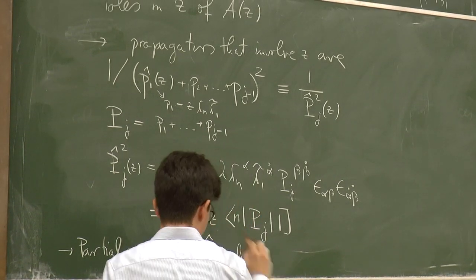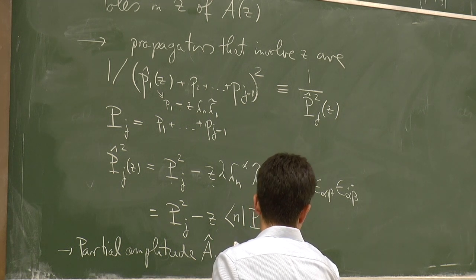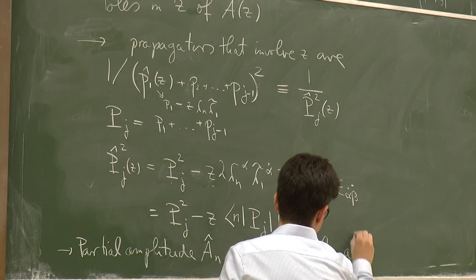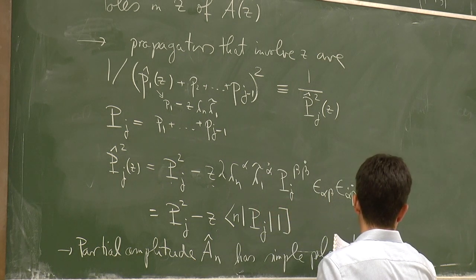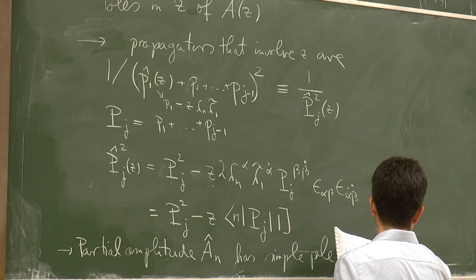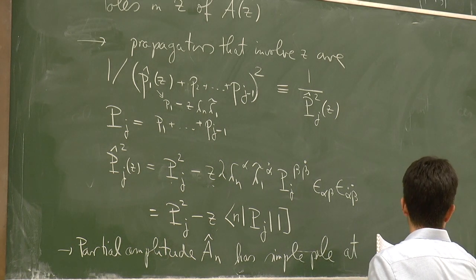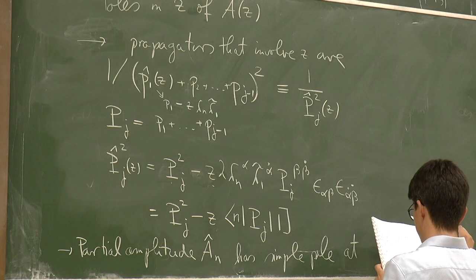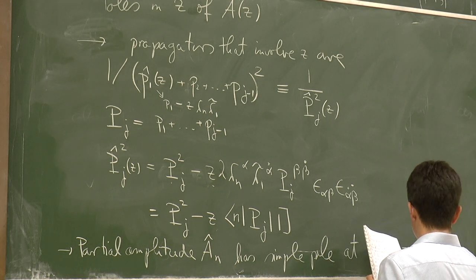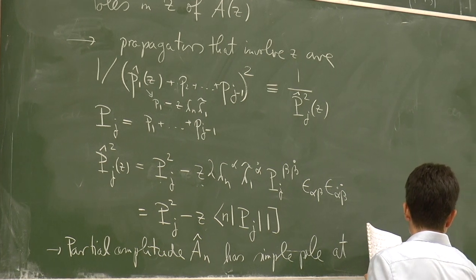This shifted amplitude has a simple pole at this location z, let me call it zj, which is defined as capital Pj squared divided by the angle bracket n Pj 1.